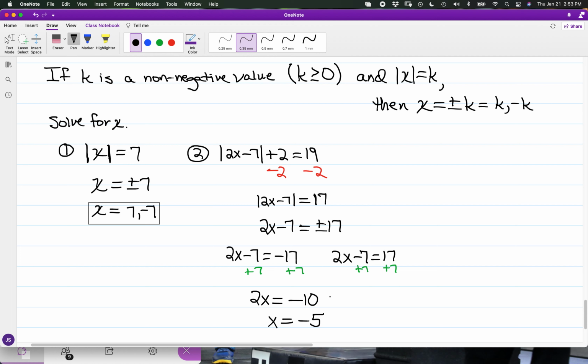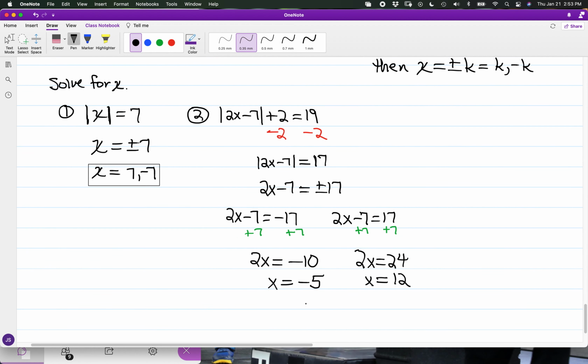Now for 2x minus 7 equal to 17, if I add 7 to both sides, 2x is equal to 24, and dividing by 2, we get x equal to 12. So x will have two solutions: at the lower end negative 5, and the other at positive 12.